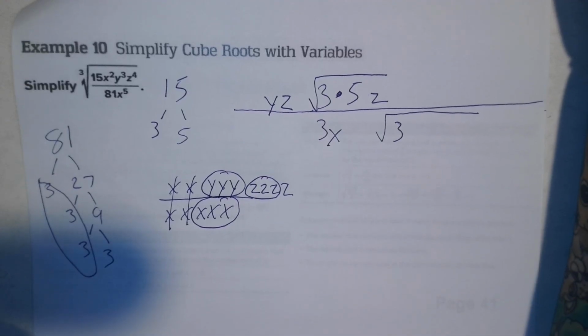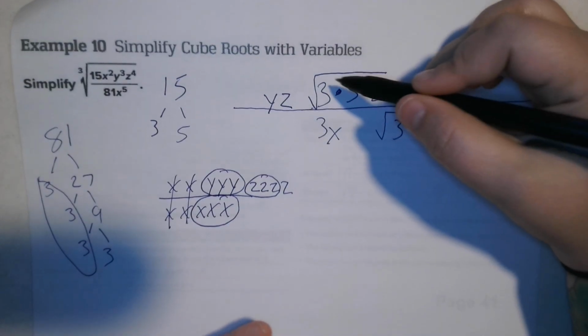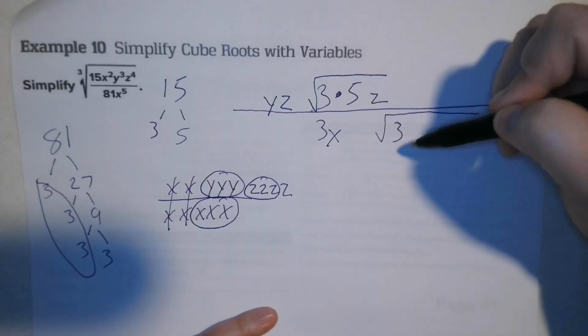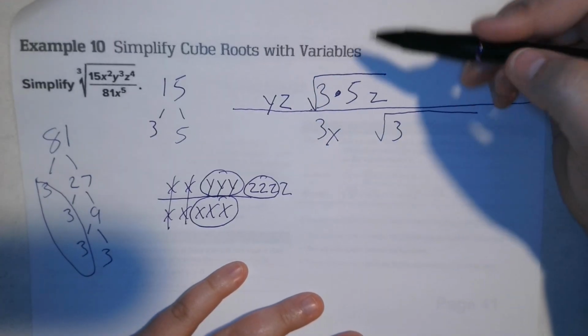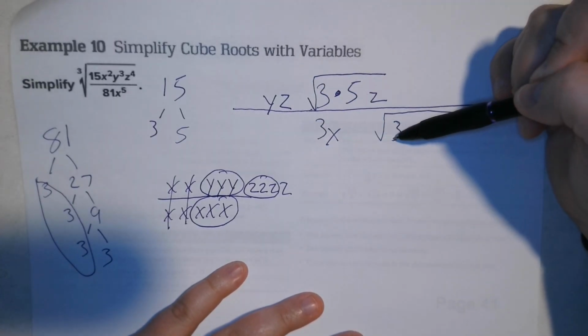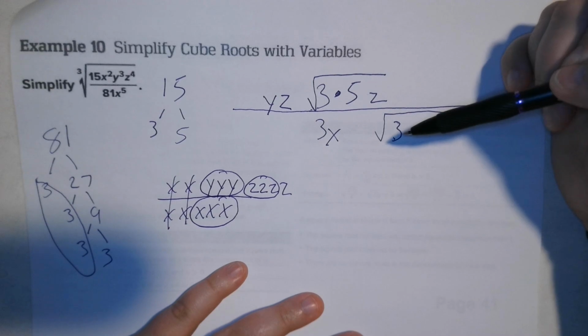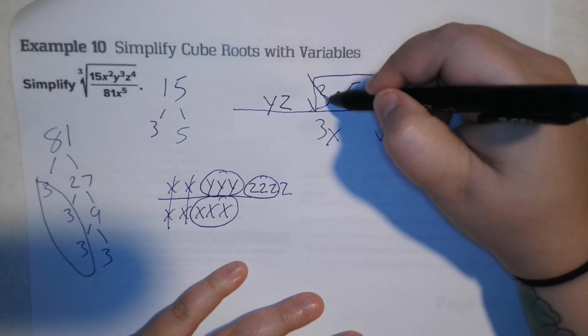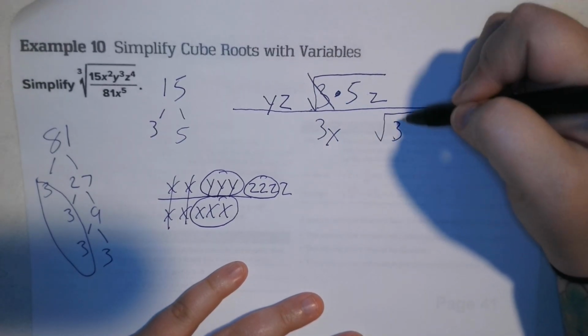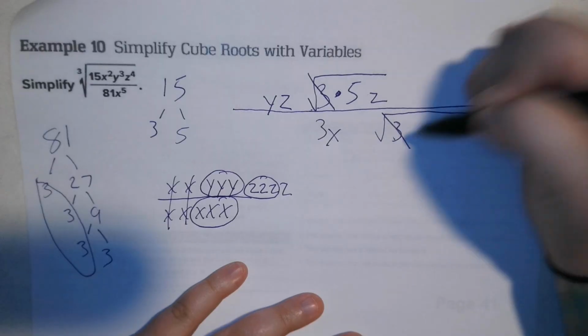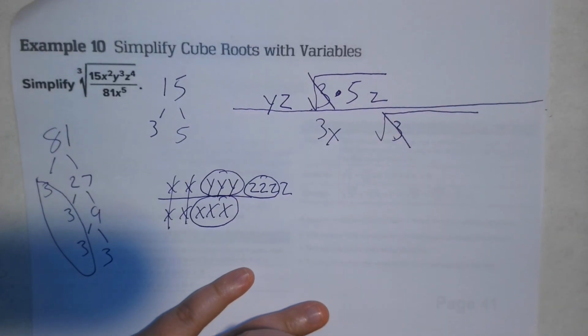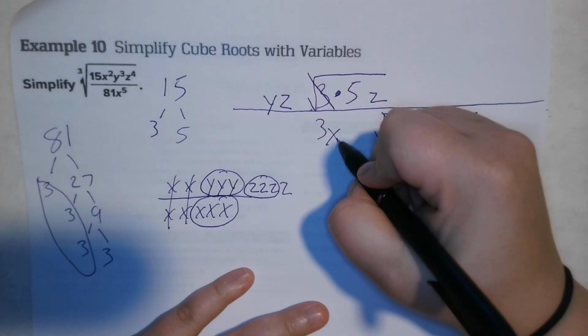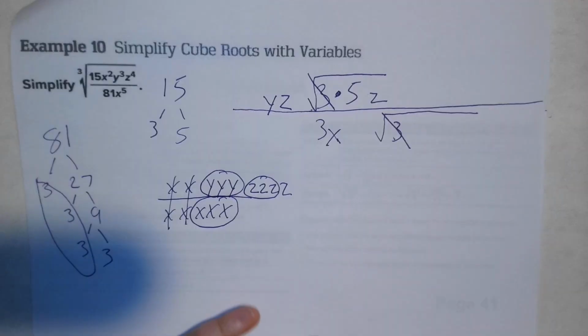One more thing that I want to show you. So now we can still cancel things out when they're in here, right? So I have a 3 in the radical and a 3 in the radical, but they're on top of each other for division. So this 3 in the radical on top is going to cancel out this 3 in the radical on the bottom. So now what am I left with? See how I kind of had to map everything out?